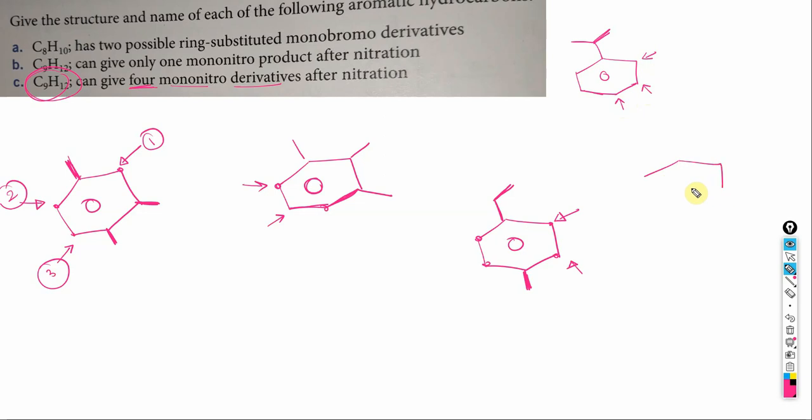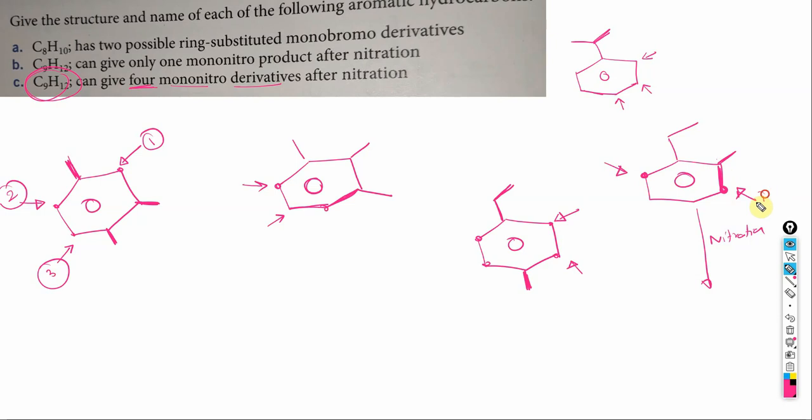So the next possibility that we should try is perhaps a methyl and an ethyl. So if you try this and you do a mononitration, then you can see that this is one location. This is not the same as this, because this carbon is next to a methyl, and this carbon is next to an ethyl, right?